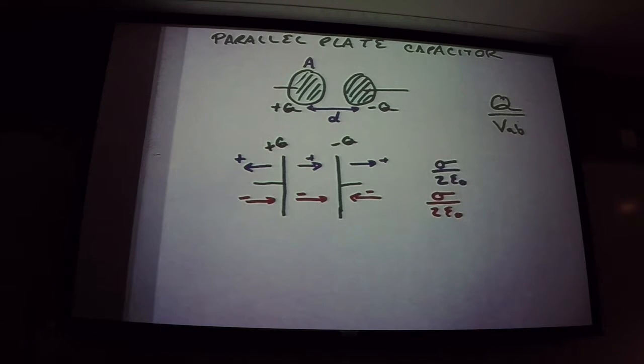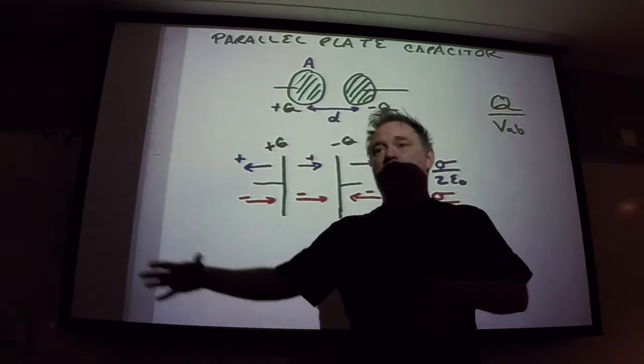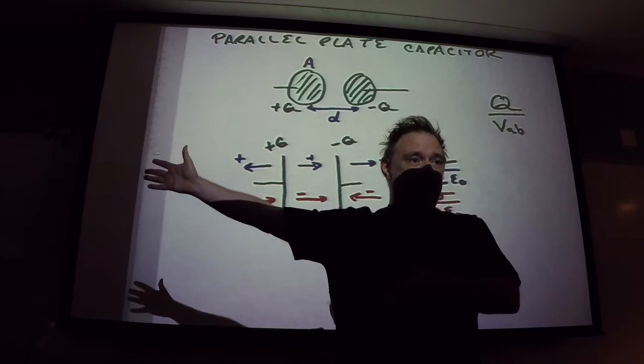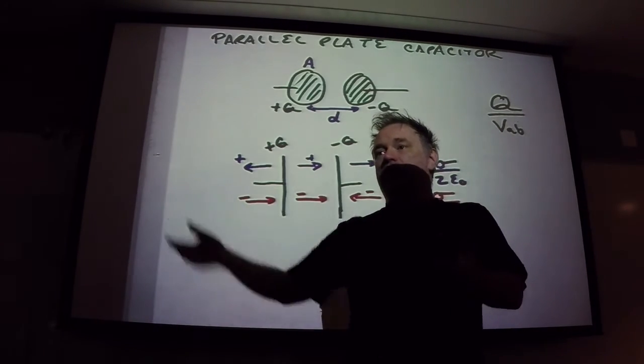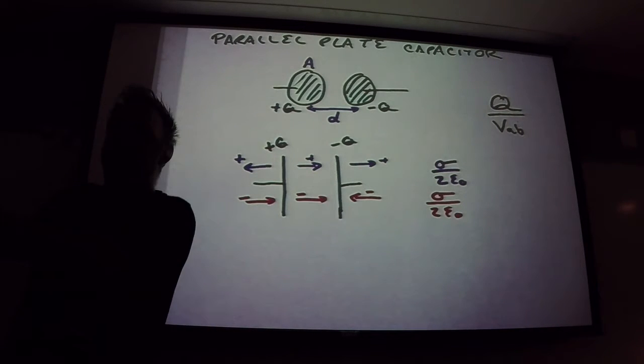Notice what happens outside of the region between the plates. It cancels out. That's a good thing. That's a nice design. You don't want plates to store electric field that kind of goes all over the place, because if I had a giant capacitor over here, and the electric field for that capacitor spilled out all over the place, well, if I walk toward the capacitor, I get in the electric field.